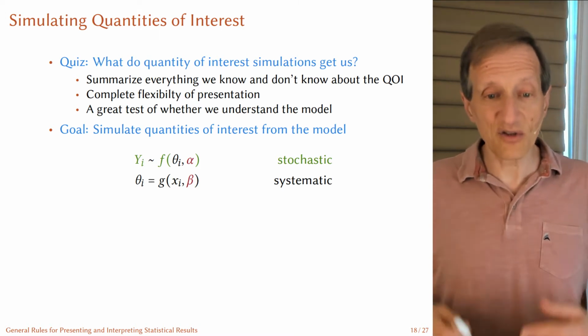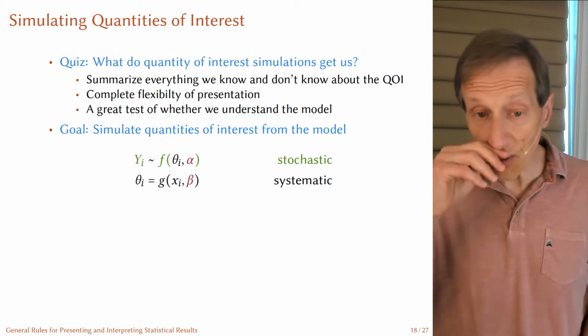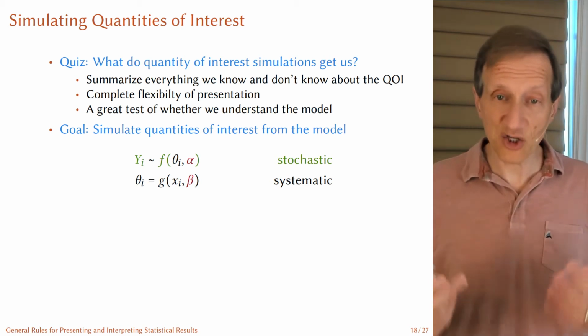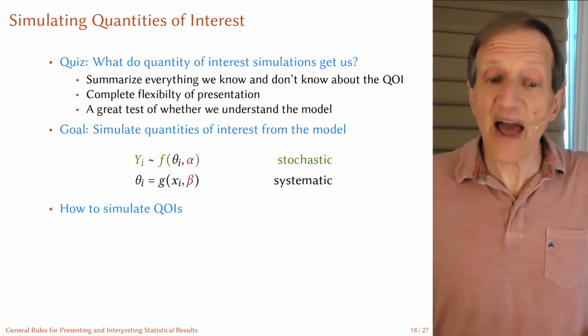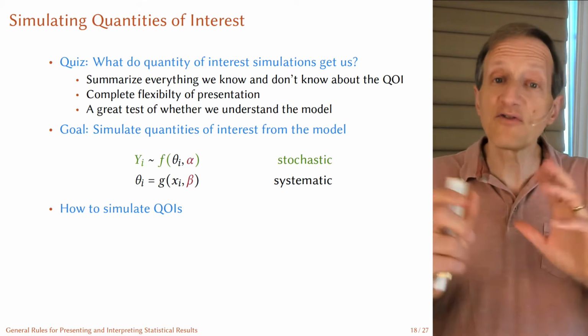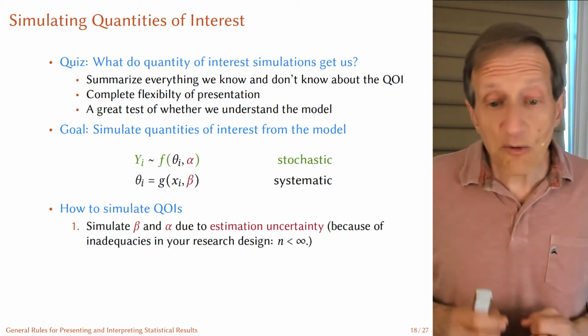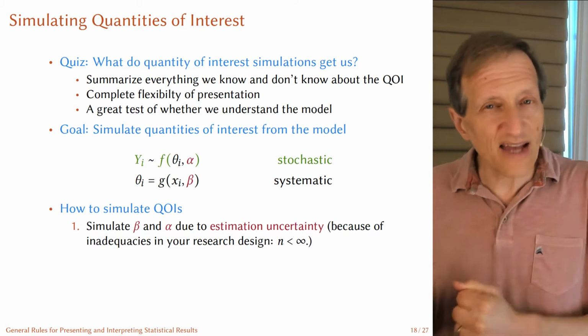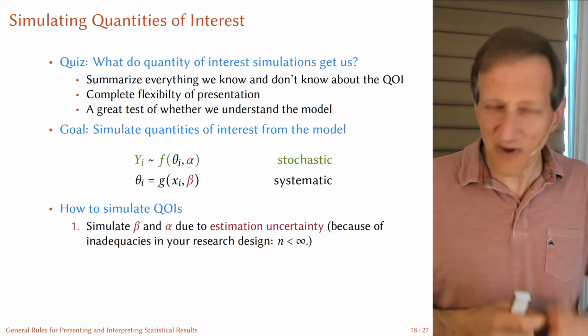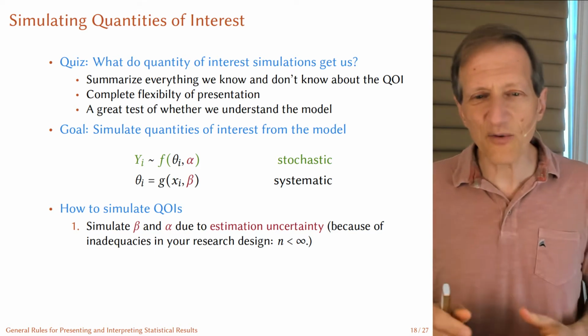So these two equations form the general way that we're going to express statistical models. So how do we simulate quantities of interest from this setup? That's really our question. And first thing we're going to do is do estimation uncertainty, and secondly, we're going to do fundamental uncertainty. So those are the two pieces that we have to focus on.